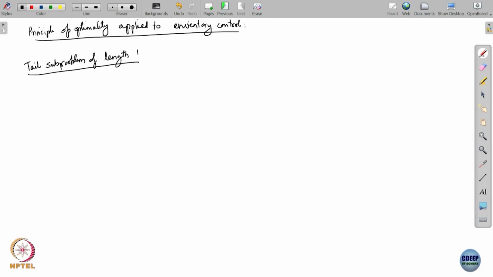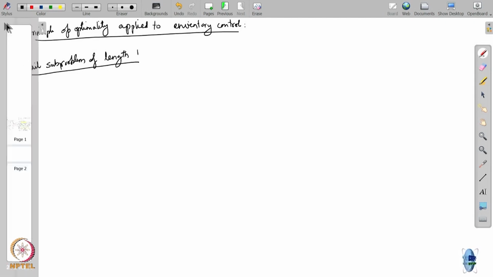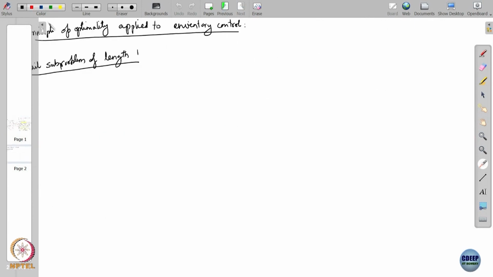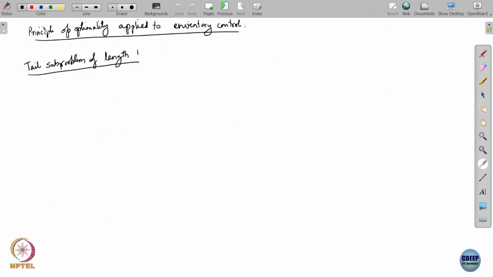Now, remember, this is actually not just one subproblem, it is actually n subproblems, multiple such subproblems, because there is a subproblem for each x_i. You have fixed the time instant now as n minus 1, but you also have the state to be decided, and that here is notional, it is any given state x_i at time i. So, we need to do our calculation starting from any initial state x_i.